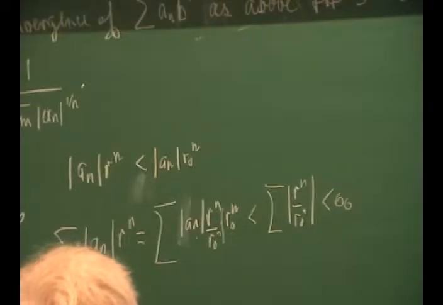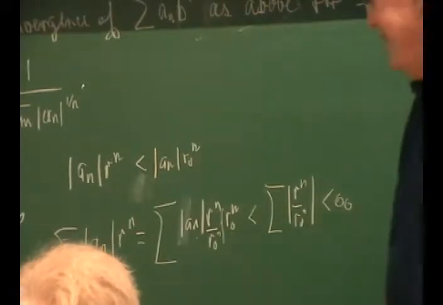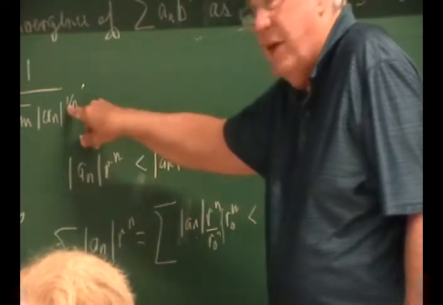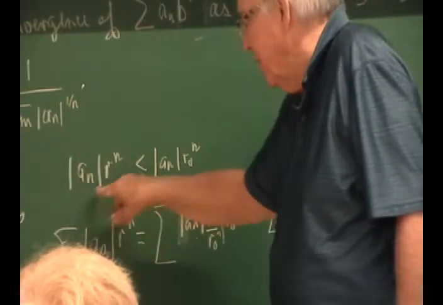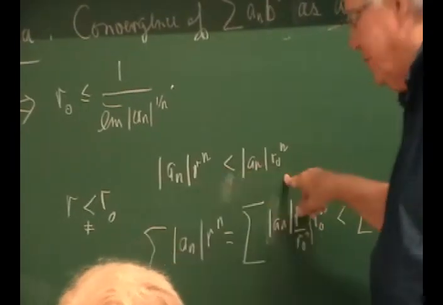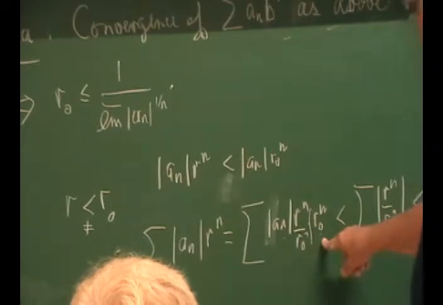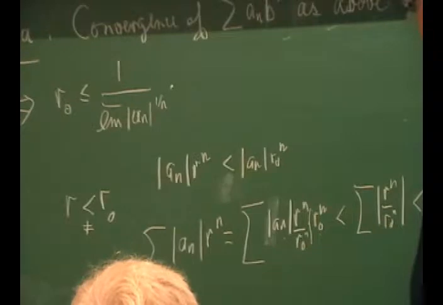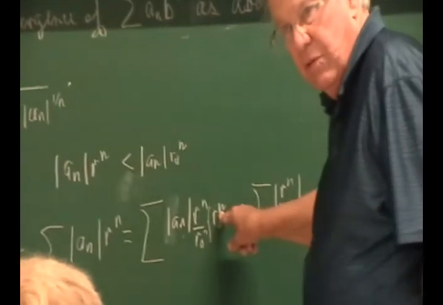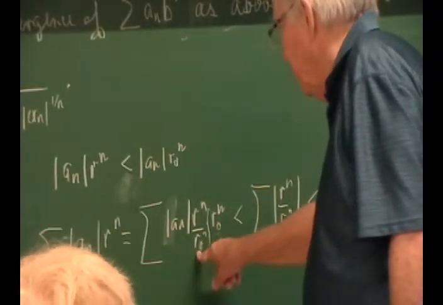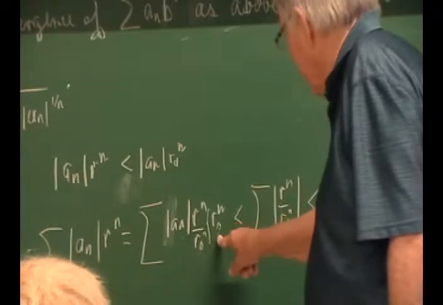Are you mystified? Okay. First of all, we have this estimate. Second of all, for r less than R0, we have this estimate. Third of all, we know that a n R0 to the n in fact even goes to 0. So this sum here, I cheated here, put in r to the n, because I can handle that.